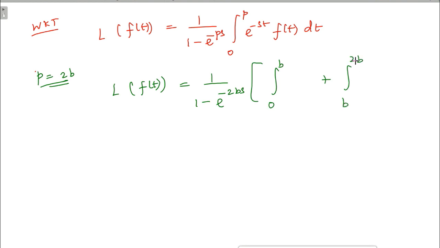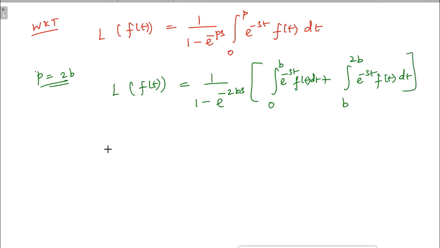I have split the integral into a sum of two integrals, because the function f of t is a piecewise function defined in two separate intervals. So e power minus st f of t dt, plus e power minus st f of t dt.